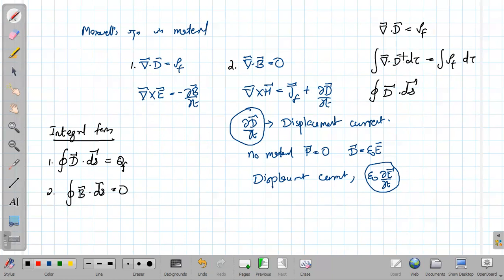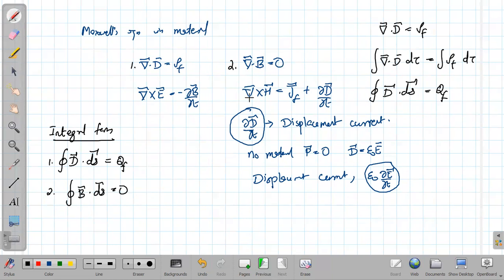The volume integration of a divergence is simply equal to the surface integration over the closed surface of that integrand D. Now ∫ρ_f dτ will give the total charge Q_f. So that is the first equation.